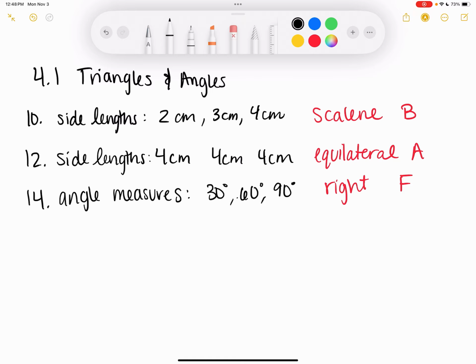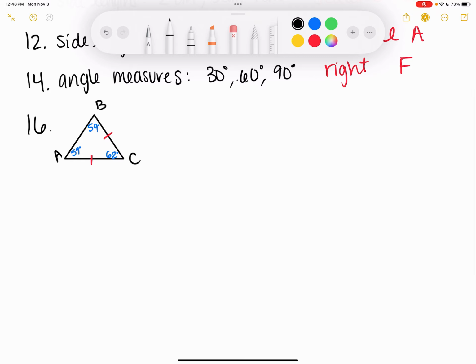So, 16, we have a triangle that looks like that. Because I know it's small, 2 angles are 59 degrees and 1 is 62.